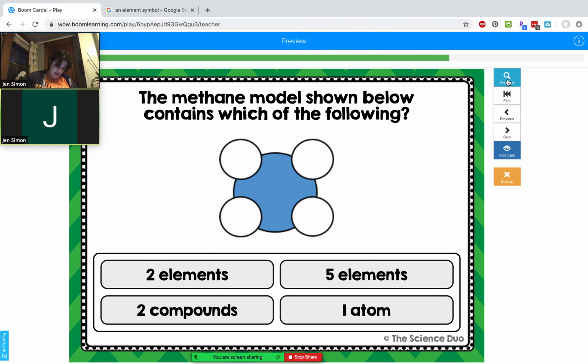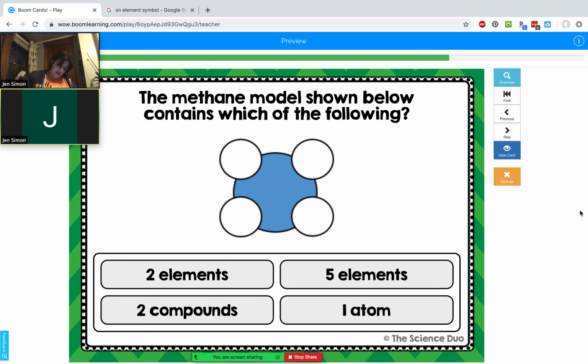So then here I have, there we go. This methane model shown below contains which of the following? This one's a little bit tricky, but I thought I'd leave it in anyways.